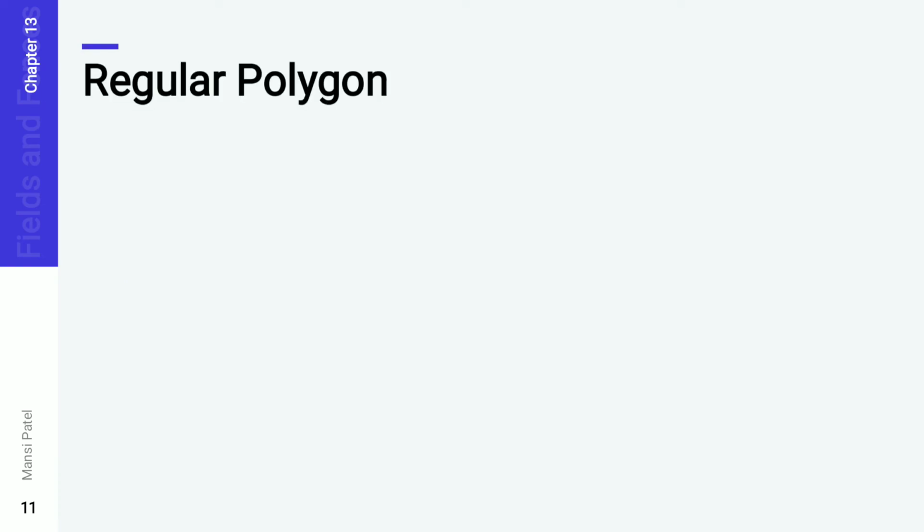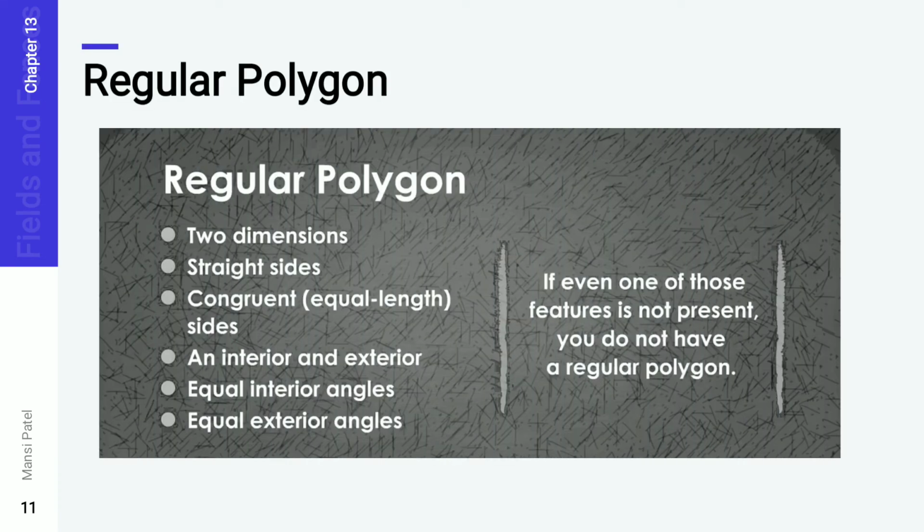Now what about the regular polygon? The first condition for a regular polygon is that it has only 2 dimensions, only length and breadth. The second is that to draw that shape, they have to use straight sides only, which means straight lines only.